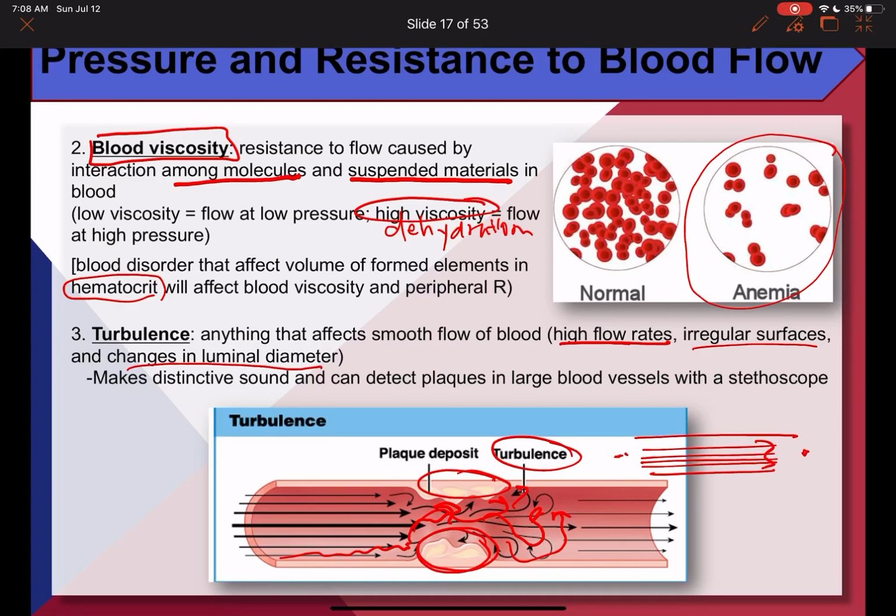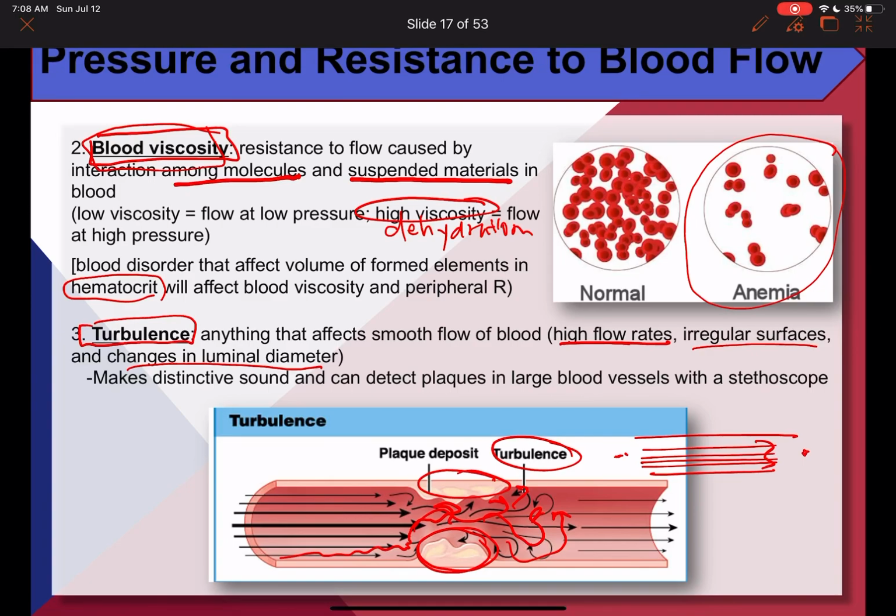That can also contribute to a higher resistance. So any changes in these three factors: first, your blood vessel diameter or the length, those two things in terms of friction that's generated between the liquid and the walls of your blood vessel; second, your blood viscosity level; and third, the turbulence that can occur with different circumstances like formation of plaques within blood vessels.